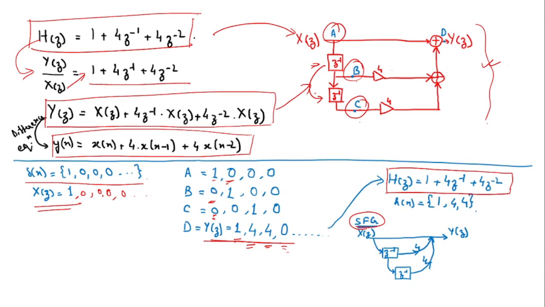It is nothing but the filter coefficients. So if I give you a 1 mark question, it will be a direct answer. So the impulse response, that means h(n) of this filter, is equal to 1, 4.